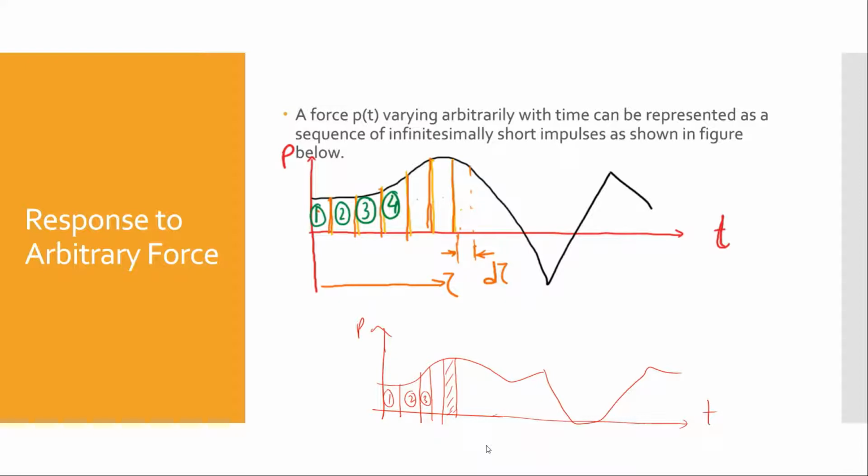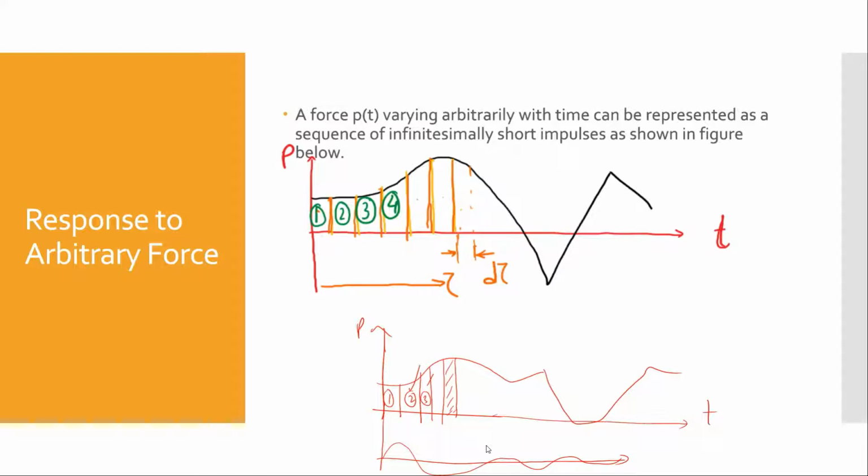The deformation due to impulse 1 would be like this. Another is due to the second impulse, the third impulse, and a lot of impulses would be acting. So we can sum all the displacements due to each impulse, and that summation would give the total displacement due to the applied forces.